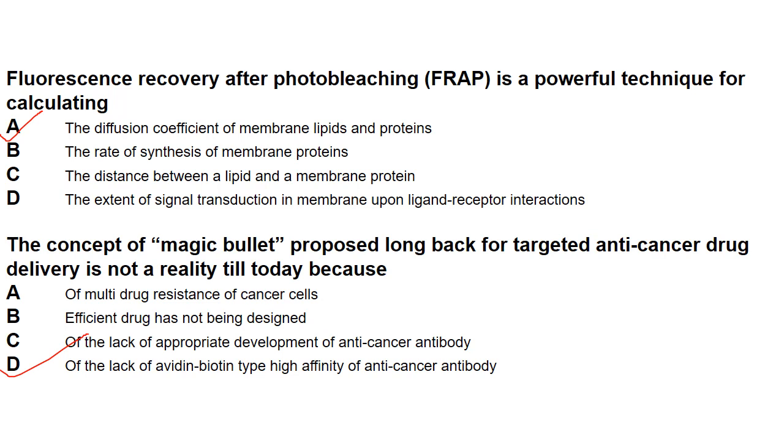The avidin biotin type complex is the strongest non-covalent interaction between a protein and a ligand, and the bond, once formed, is unaffected by extremes of pH, temperature and organic solvents and other denaturing agents. So the concept of magic bullet was not a reality till today because of the lack of avidin biotin type high affinity of anti-cancer antibody.